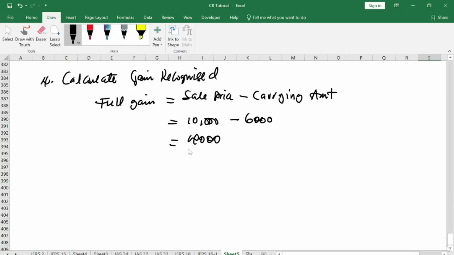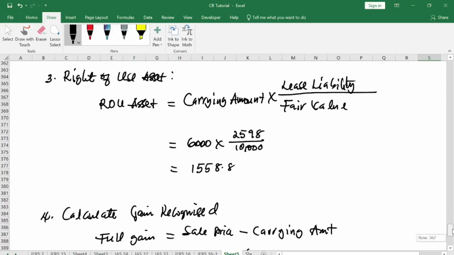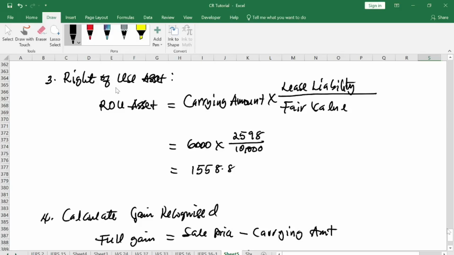Part of it will go to the lessor, the owner of the asset, and part will be retained by you. That is why, when you look at right of use of asset, we couldn't recognize the full asset value in our books, because we sold it and we are leasing it back. So not all of it will be apportioned to you to use.